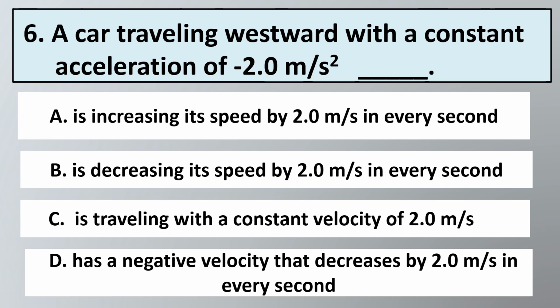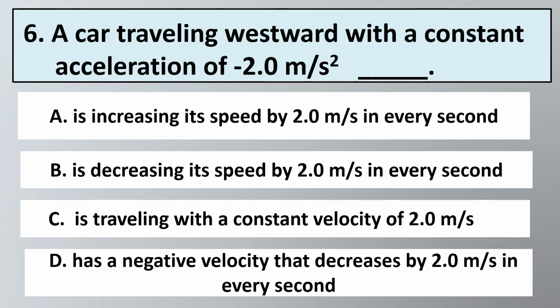That is, the car is having a constant acceleration, whereas option letter C emphasizes the words constant velocity. These are two contrasting concepts. All right.